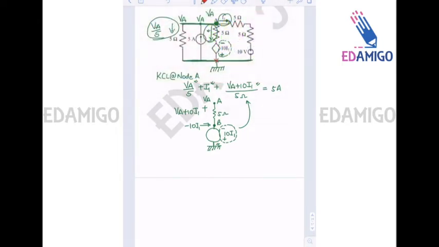Since this is grounded, this will be 10 volt. Now if we calculate I1, this is VA voltage, this is 10 voltage, and the resistance is 10 ohm. So it is VA minus 10 divided by 10. So this is your I1. Now put this in this equation and you will get the result.